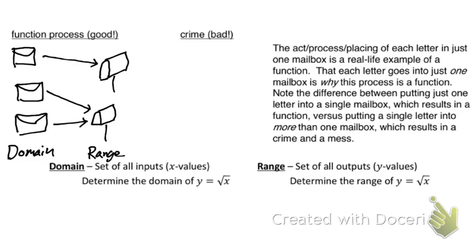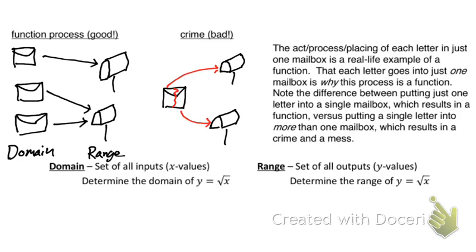Here's where we have a problem, and it becomes a crime. The mailman got a letter that's delivered to 2 mailboxes. He cuts it in half. So the mailman will cut it in half and put 1/2 there and 1/2 there.